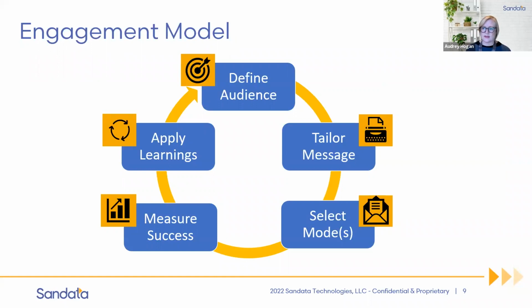Tailor our messages: simple, bulleted, infographic, hooks to get them to go deeper. Select our modes, maybe one, maybe more. Make sure that we're assessing the success of that mode and changing based upon our experience with that mode. And the mode may change based upon who that particular audience is.